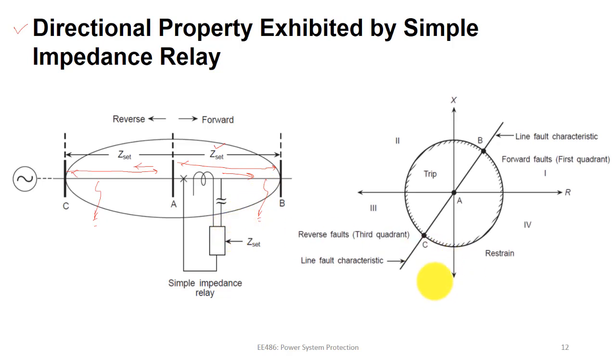Now you can see the fault characteristic. The fault characteristic is a straight line passing through the origin, and this is your operating characteristic, right? Bus A is here, the location of bus B is here, and the location of bus C is here. Now if the fault happens between A and C, your fault point will be somewhere here on the fault characteristic.